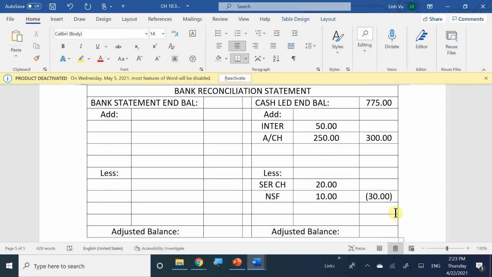So let's go ahead and take a minute to compute this. If I had a total of $775 and I collected $300 of interest and I was charged $30 for all the fees, what is going to be my total adjusted ending balance?